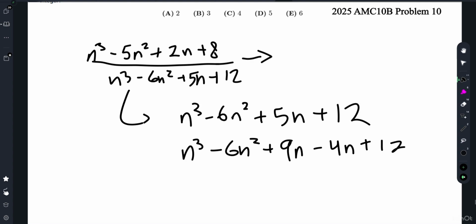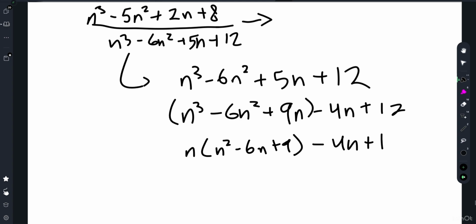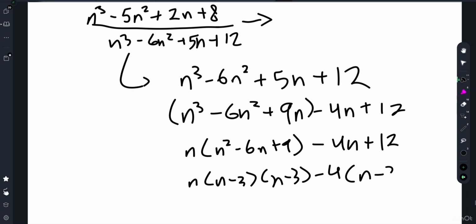So if we factor this out, let's take an n out of this. So n times n squared minus 6n plus 9, minus 4n plus 12. So it's n times n minus 3 times n minus 3. And notice we can factor a -4 out of this, so we have -4 times n minus 3.